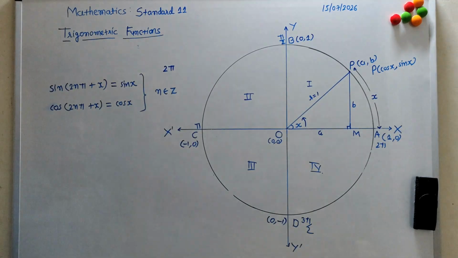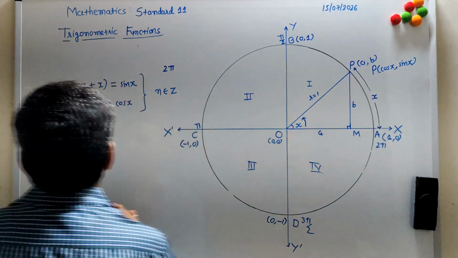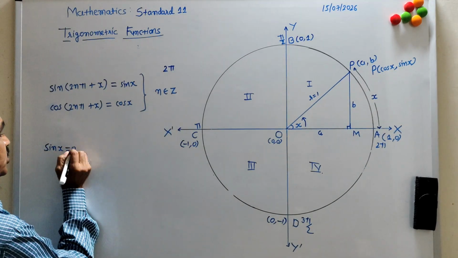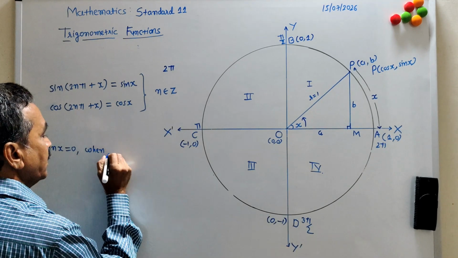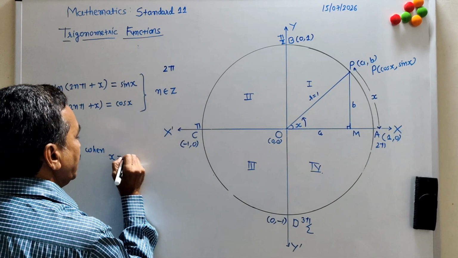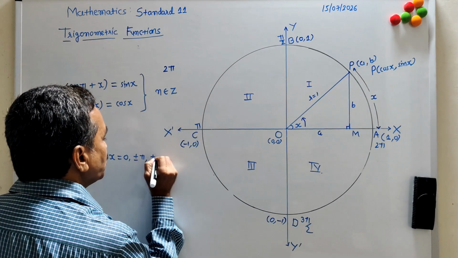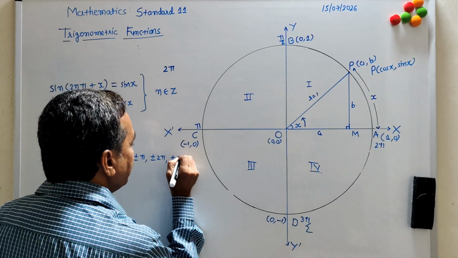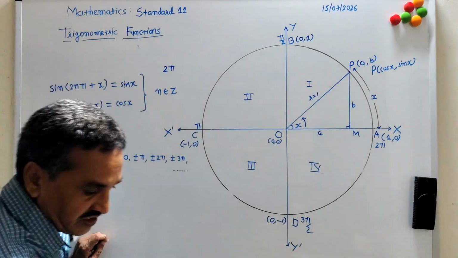Now further we can see that sin x is equal to 0 when x is equal to 0, plus or minus pi, plus or minus 2 pi, plus or minus 3 pi. See here, at this angle 0, sin x is 0; at pi, sin x is 0; again at 2 pi it is 0, then at 3 pi it is 0.